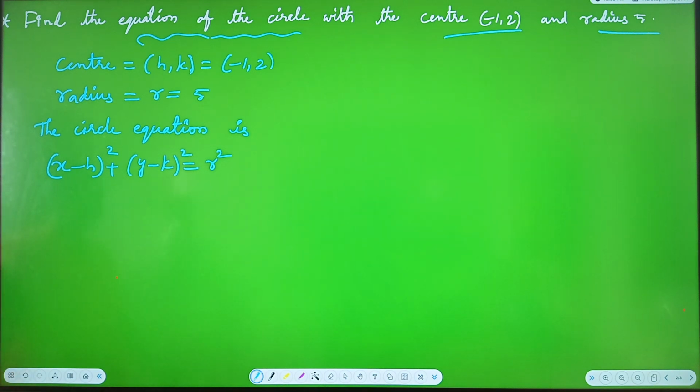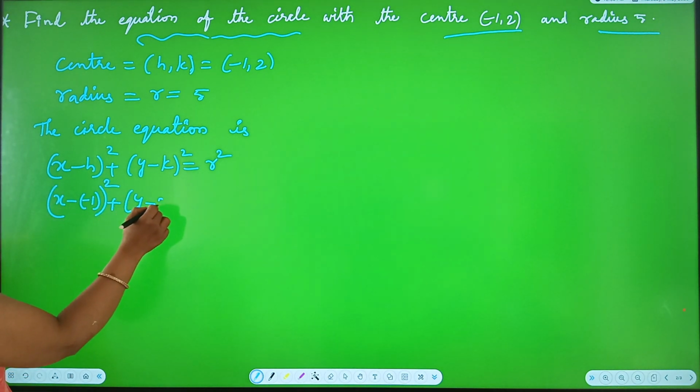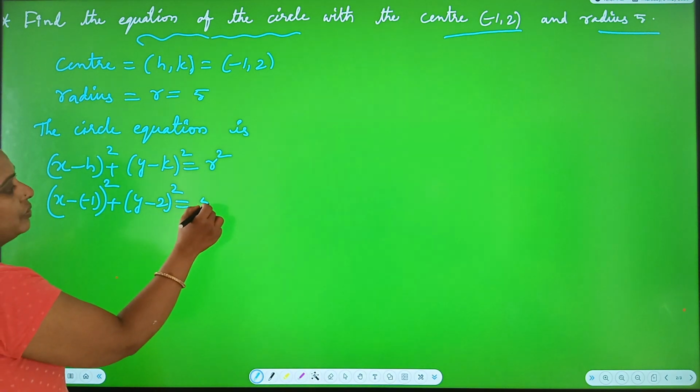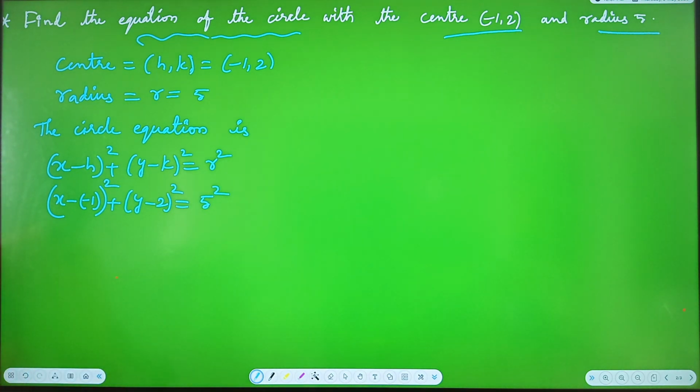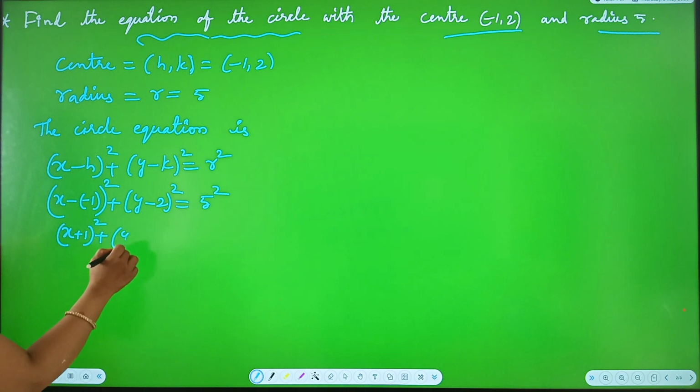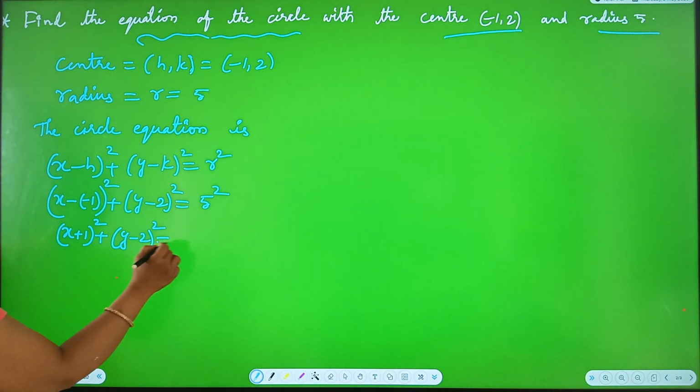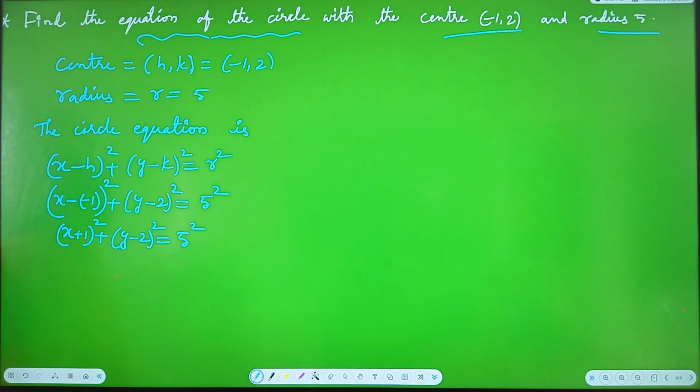Now substitute (-1, 2) in the place of h, k and r equal to 5: (x minus of minus 1) whole square plus (y minus 2) whole square is equal to 5 square. Now simplify it. Minus of minus is plus, so (x plus 1) whole square plus (y minus 2) whole square equal to 5 square.